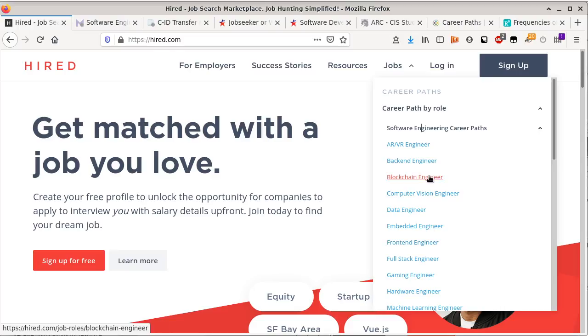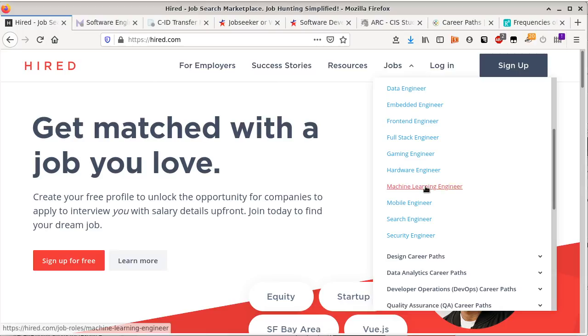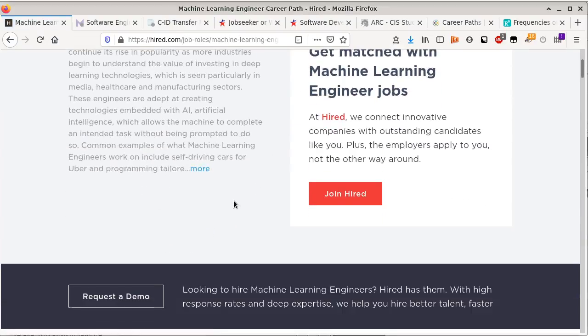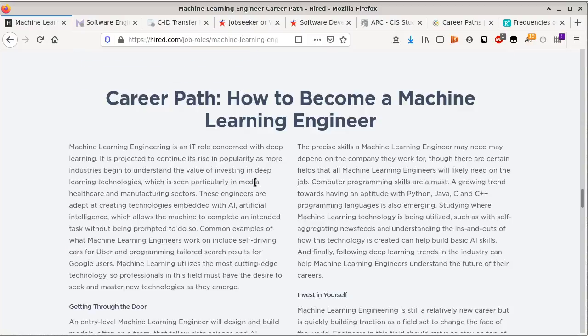We got even blockchain. Backend refers to database stuff and also server stuff. We got machine learning engineer. Let's pick something that is super hot right now. We go to machine learning engineer, and it gives you a full document. Well, I wouldn't say it's really full, but if you click more, you get more of it.